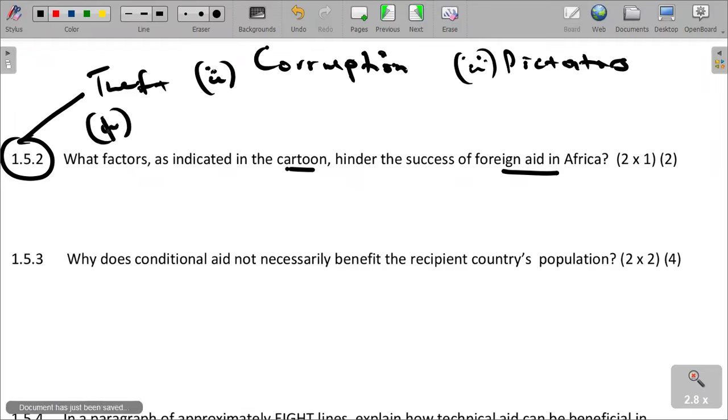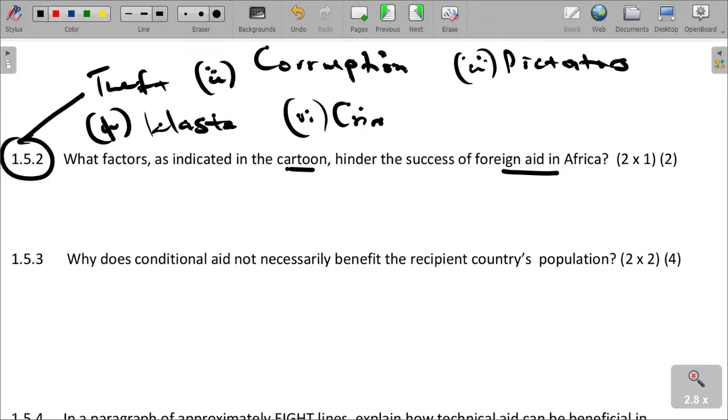They also affect this. We also have to talk about waste. And then finally, we talk about crime. When aid is given, all these factors are hindering the success of the aid.